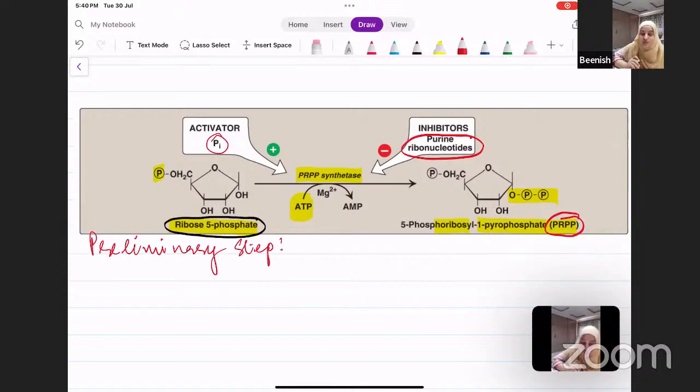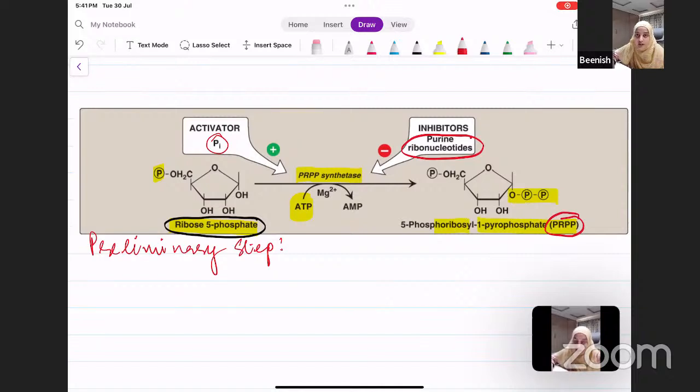This is a regulatory step, but this is not a rate limiting step because this is not a committed step. The PRPP that is formed here can go into other fates as well. It can go for pyrimidine synthesis, NAD synthesis, salvage pathway. So this PRPP is not committed only for purine synthesis.